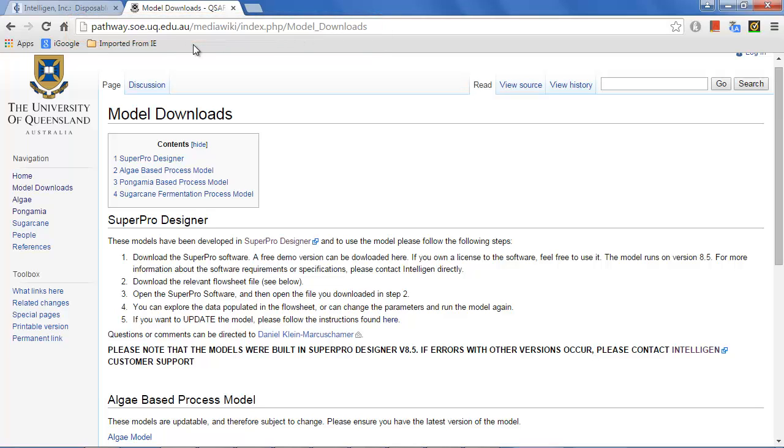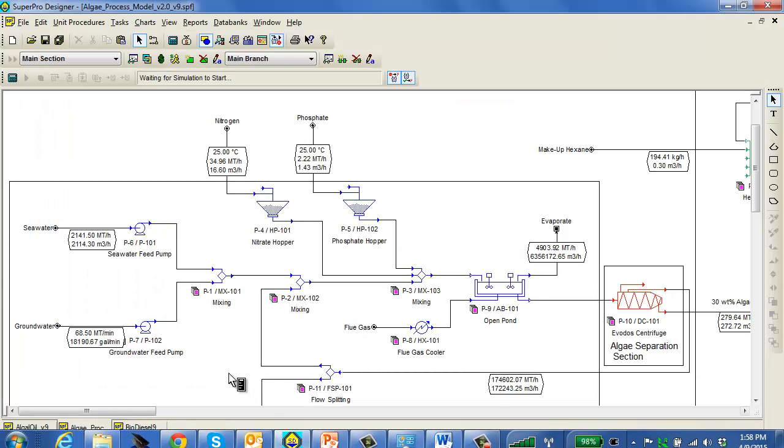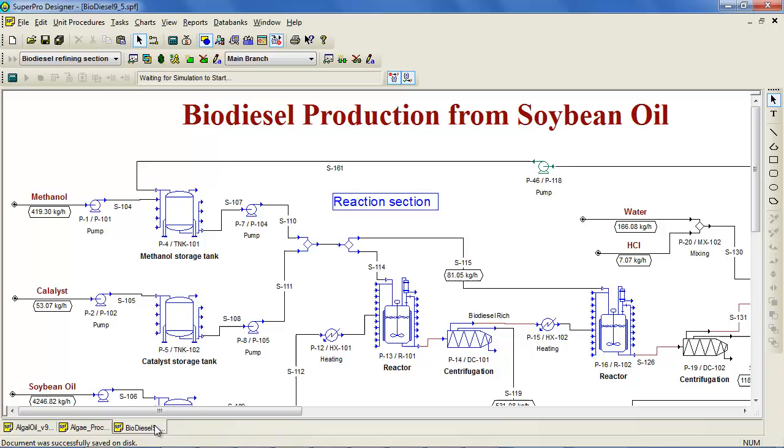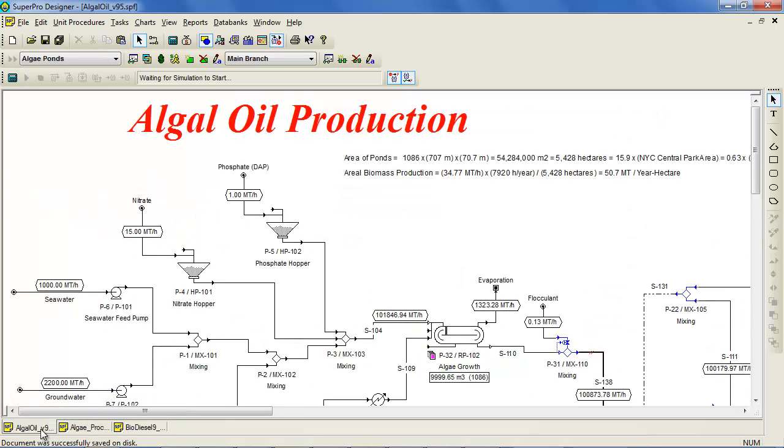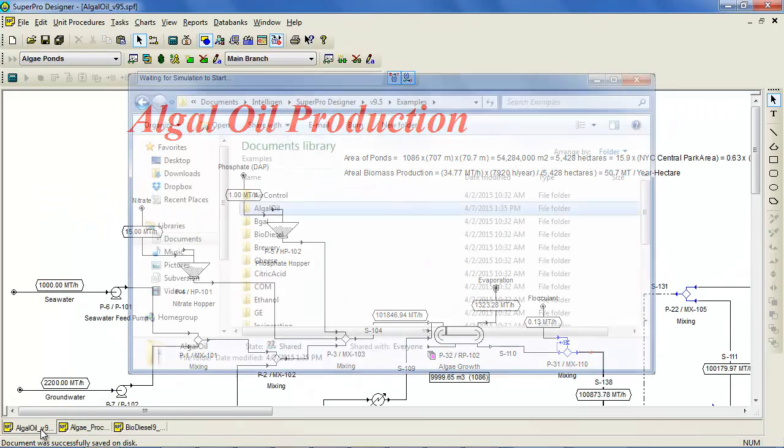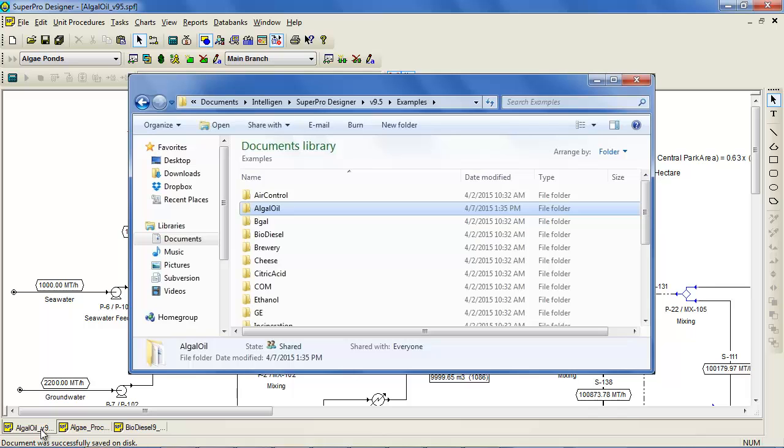His model converts TAG into aviation fuel as its main product. The biodiesel example that ships with SuperPro Designer also describes a process for converting TAG into fuel. The SuperPro file associated with this example can be found in the algal oil subdirectory of the SuperPro examples directory.